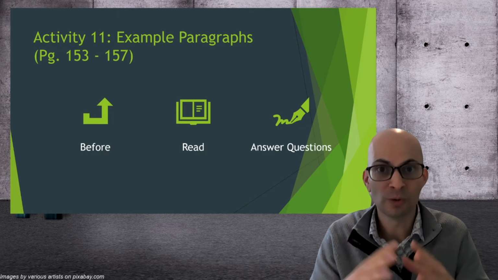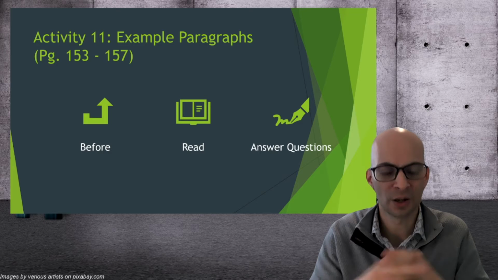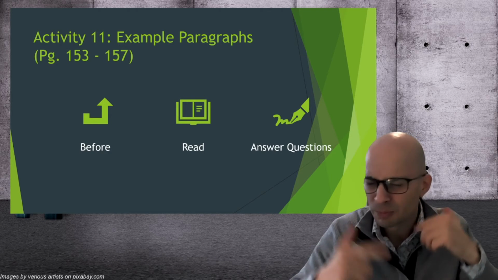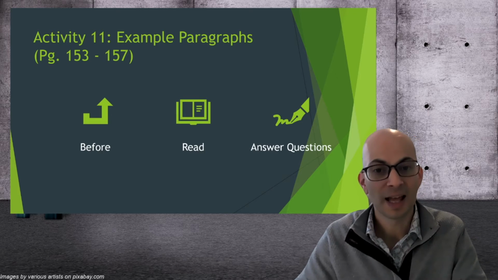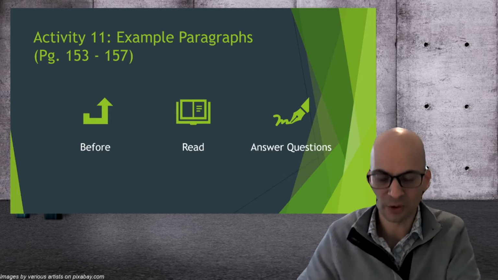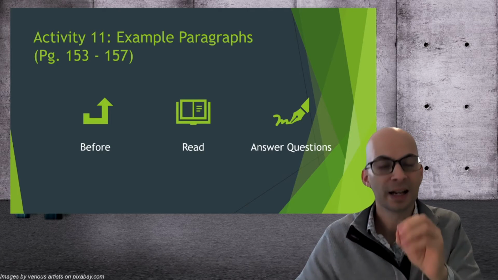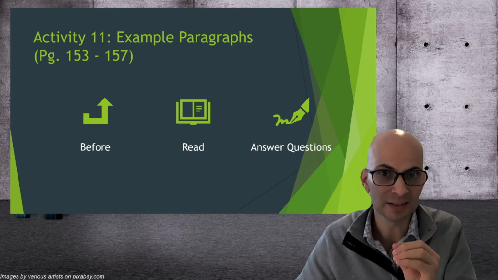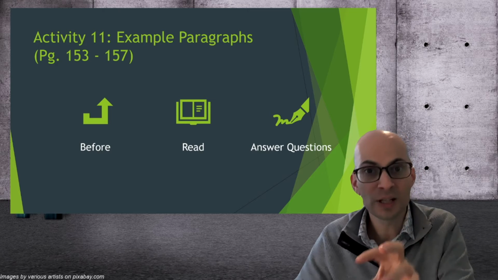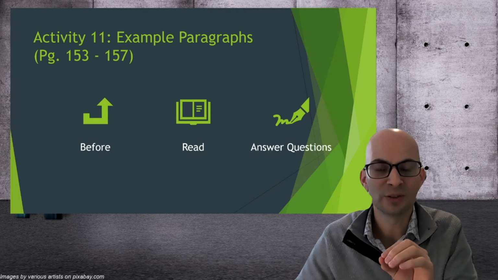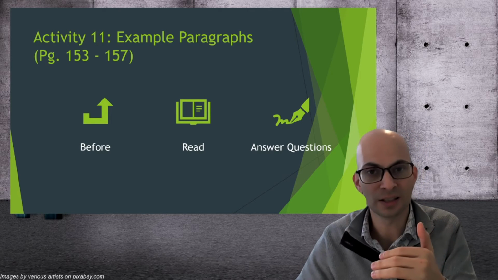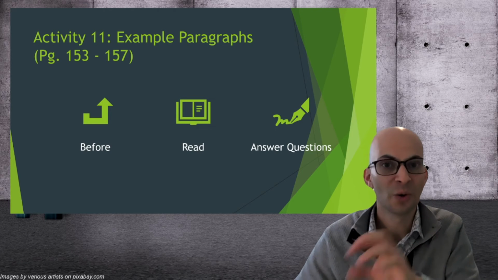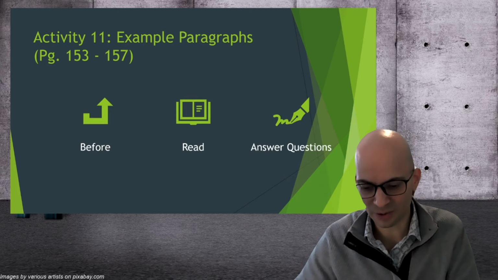So as usual, before we read the paragraph, there are some questions that we just want to look at, to brainstorm, to think about. Then we dive into the paragraph, reading it, and especially looking at how they use prepositional phrases to denote location and to give clarity on where things are, and to help describe and help us imagine what they're talking about in the paragraph.